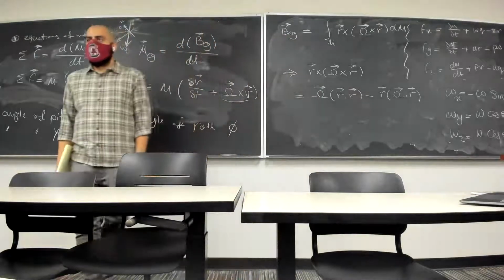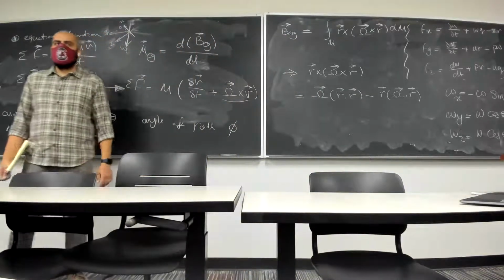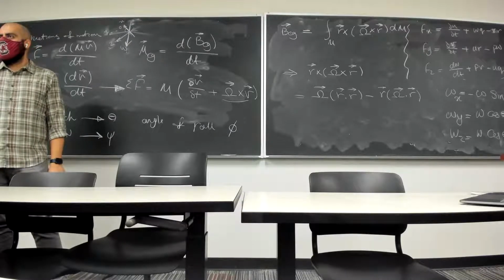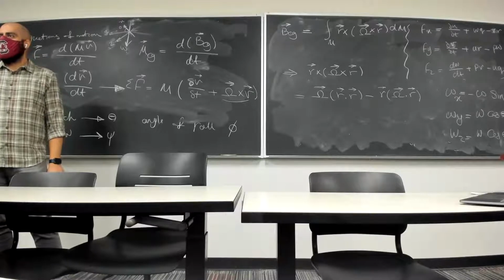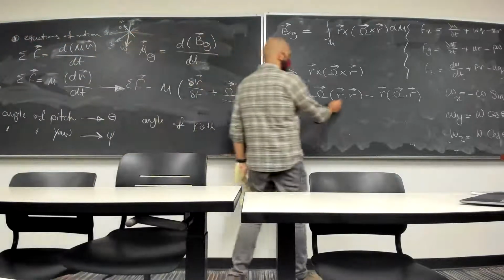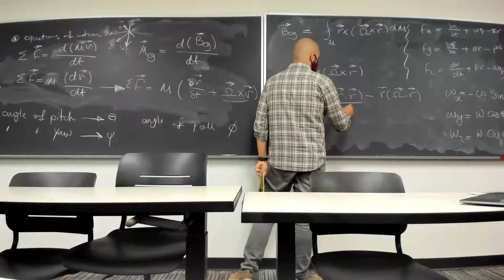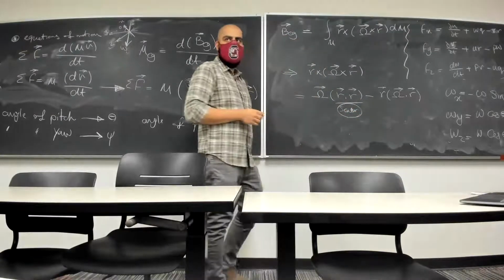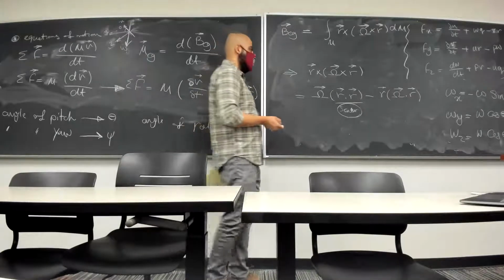We have one vote for dot product. What else? Well, dot product gives you a scalar. Exactly. So the dot product and cross product do not apply here because we are not multiplying two vectors.